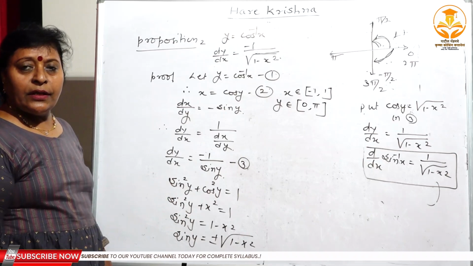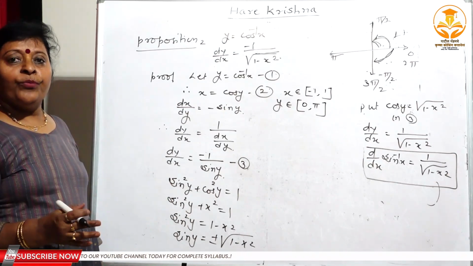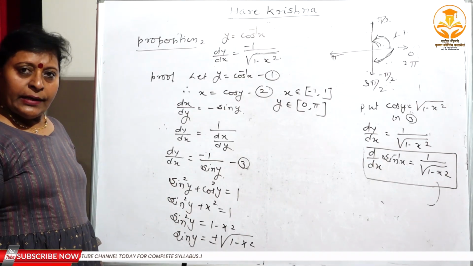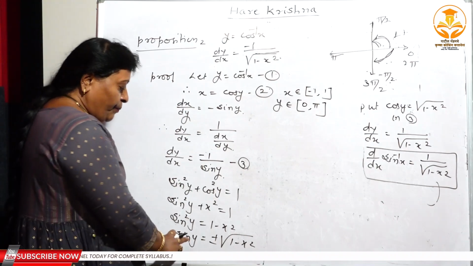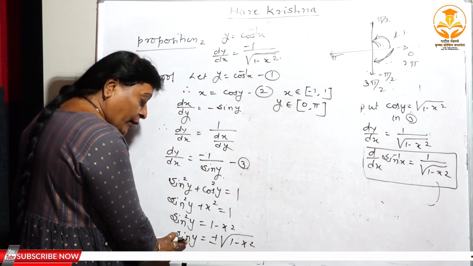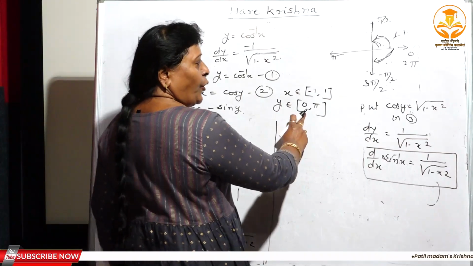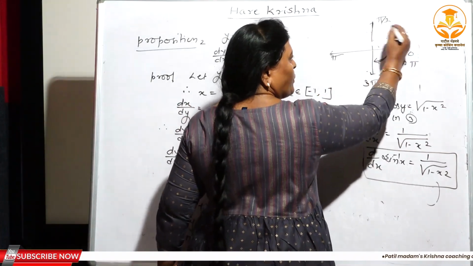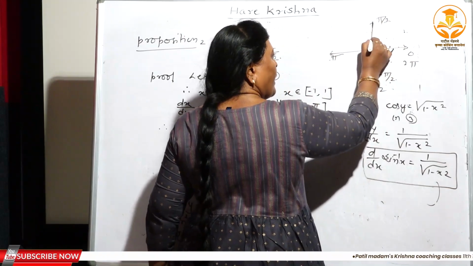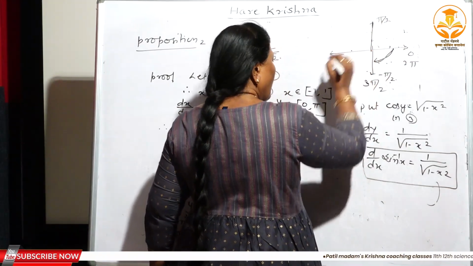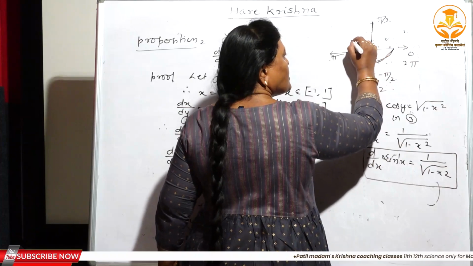Again the question is whether you have to take the positive value or the negative, isn't it? That depends again on y, in which quadrant this y lies, right? See again, if you observe, this is 0 to pi by 2 and this is pi by 2 to pi, right? Therefore, 0 to pi by 2 means y lies in the first and what here?